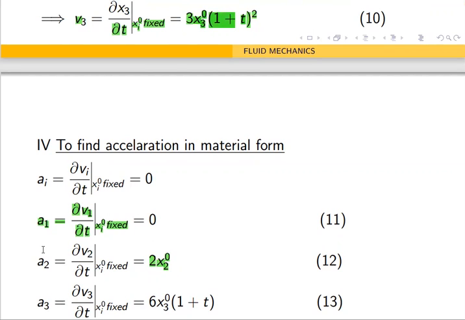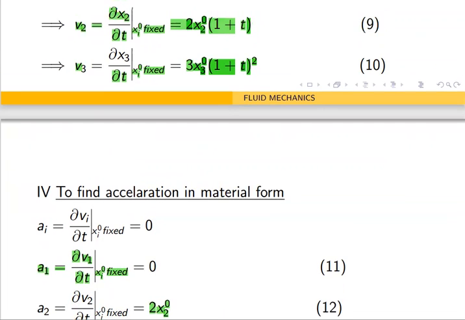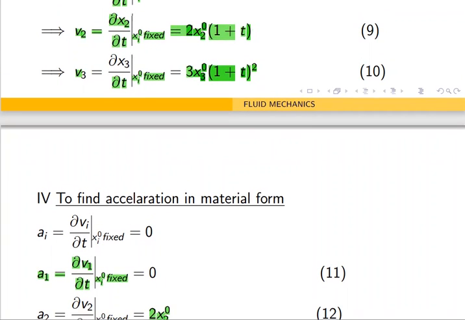Differentiate that with respect to t with xi naughts fixed. x3 naught is constant as it is, so 3 x3 naught, and differentiating the power, it will become 6 x3 naught square into 1 plus t. This is the acceleration. So we found the acceleration in both spatial and material form, and we found velocity in the material form. That was the question they had asked, and we found the solution. Hence the solution.